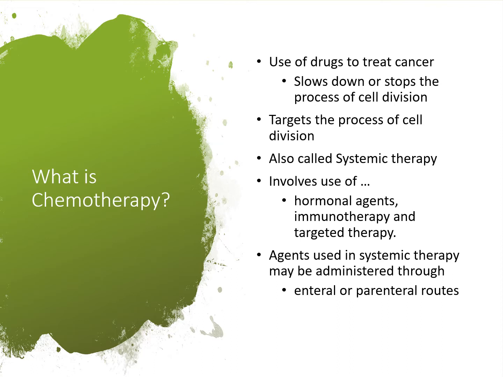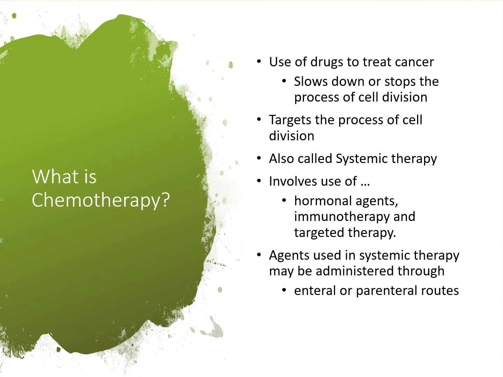Chemotherapy agents slow down or stop the process of cell division, which is what happens in cancer. Cancer essentially is the abnormal growth of tissues, and tissues grow through cell division. So one cell gives rise to 10 cells and 1 million cells. Chemotherapy stops all of those things from happening, or at least slows them down.